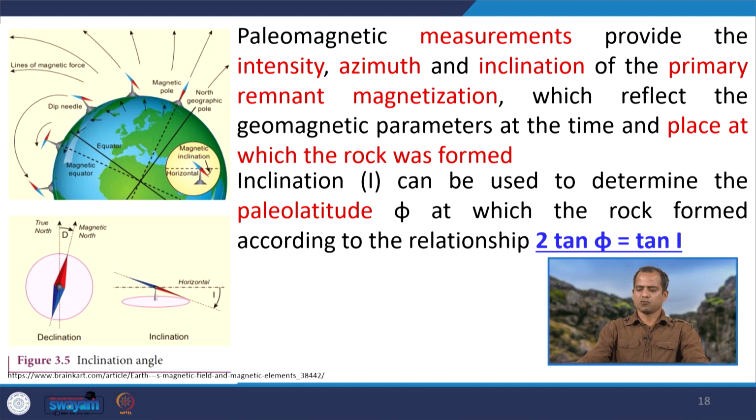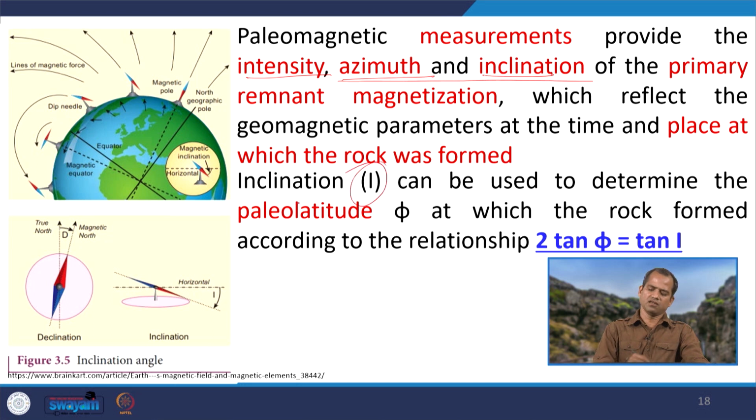Paleomagnetic measurements provide the intensity, azimuth and inclination of the primary remnant magnetization, which reflect the geomagnetic parameters at the time and place at which the rock was formed.